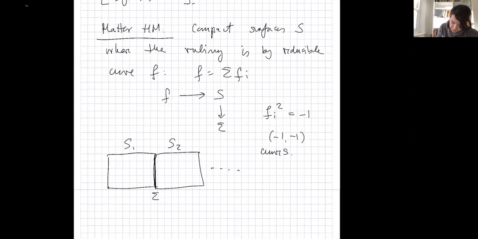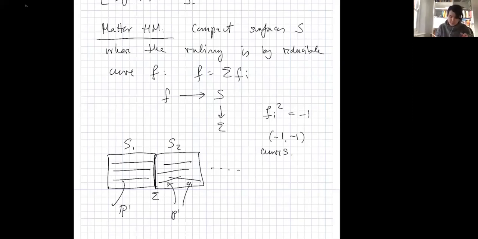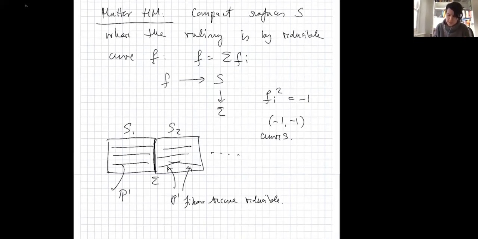Now some of these have these fibrations, and each one of these is a P1 fiber, and then for example here one of these P1 fibers becomes reducible. So it's a sum of two P1s that have a particular intersection pattern.